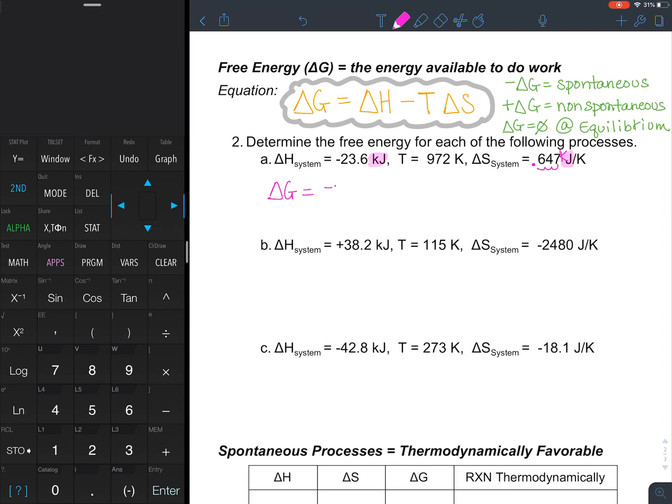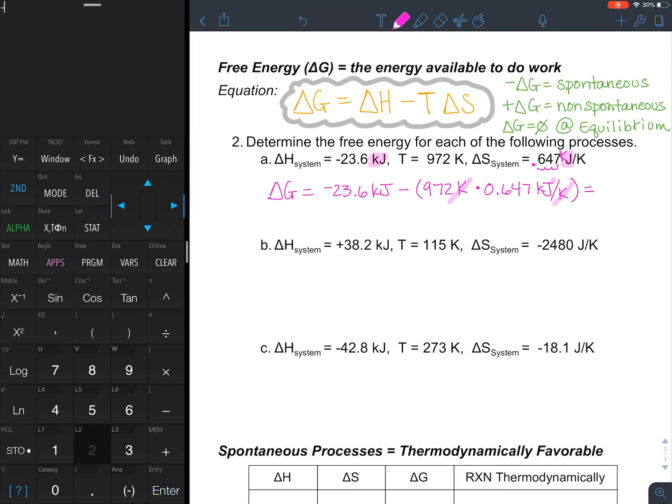And so we're going to have our negative 23.6 kilojoules minus 972 Kelvin, that's pretty darn hot, times 0.647 kilojoules per Kelvin. So Kelvin is going to cancel because we're multiplying, and that leaves us with kilojoules.